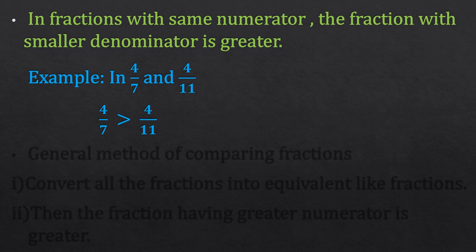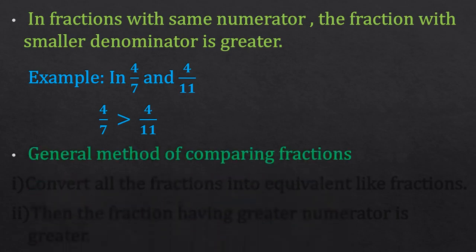Numerators are same. Now check the denominator. 7 is smaller than 11. So 4 upon 7 is greater than 4 upon 11. Because in this type of fraction there is an opposite rule. Whose denominator is smaller, that fraction is greater. Whose denominator is greater, that fraction is smaller.